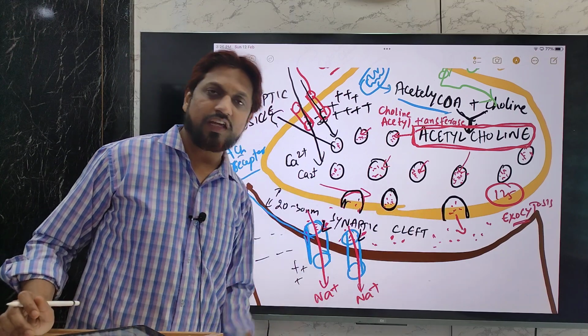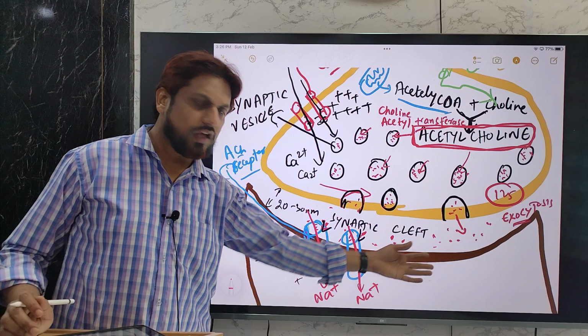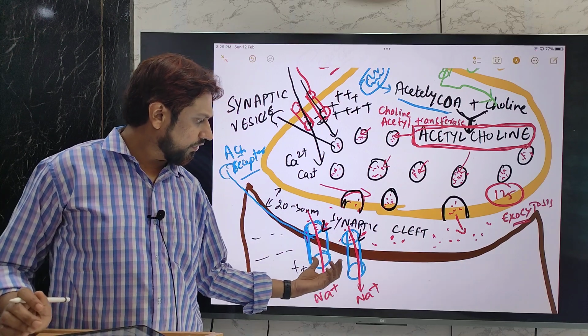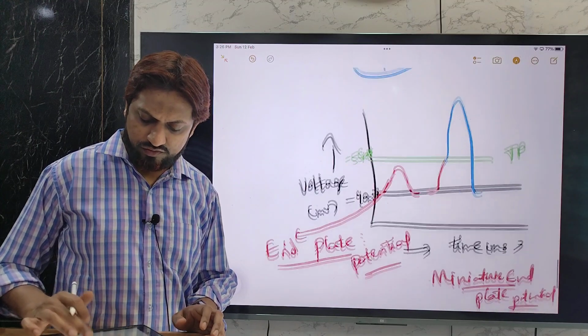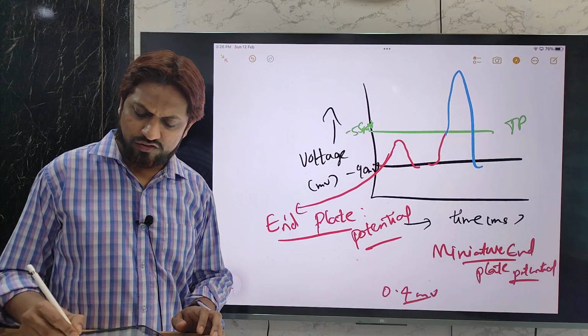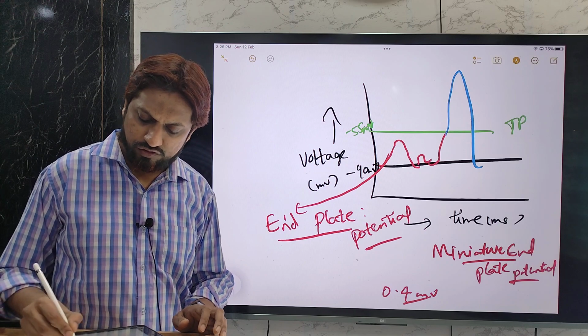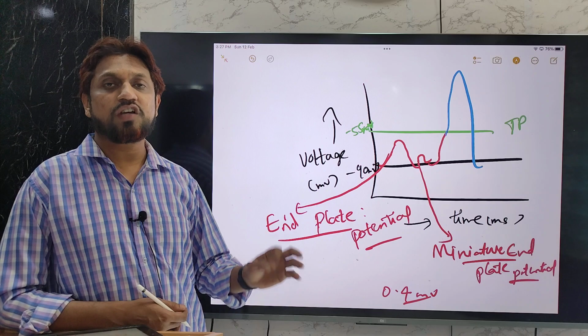If only one vesicle opens, one unit of acetylcholine molecules is released, and they bind to these acetylcholine receptors and cause a voltage difference, and that voltage difference is very small, just around 0.4 millivolt, less than 1 millivolt. Okay, it's a small fluctuation. That small fluctuation, which is the minimal current, is called the miniature end plate potential.